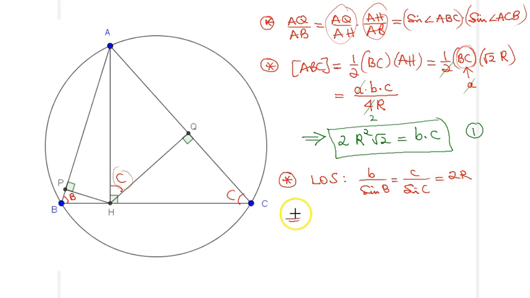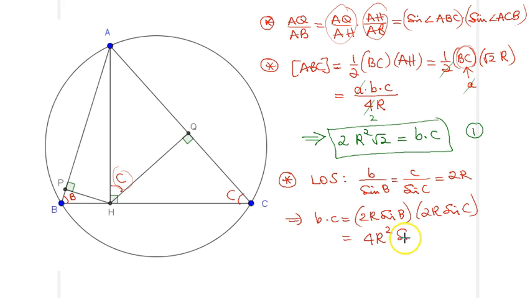So this would imply that B times C is equal to 2R sine B times 2R sine C, or 4R squared sine B sine C, the product here. Let's highlight this result as well, and call it 2.